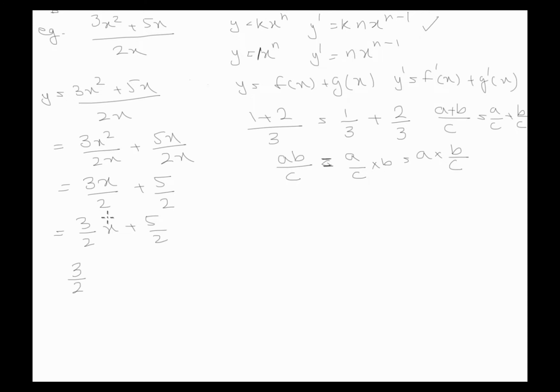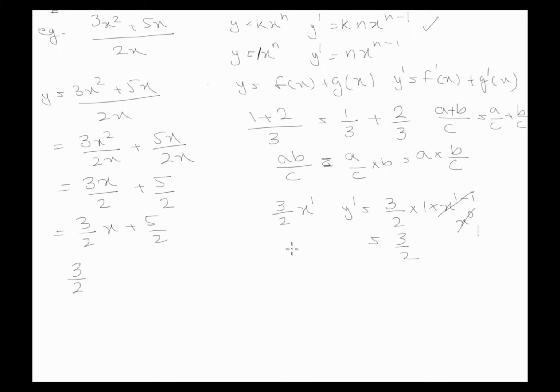So you can think of this as two things. One, if you want to differentiate it, you multiply your coefficient by your power, which is 1, so you bring down the power, and then you reduce the power by 1. So that's basically x to the power of 0, which is 1. So you're just left with 3 over 2.